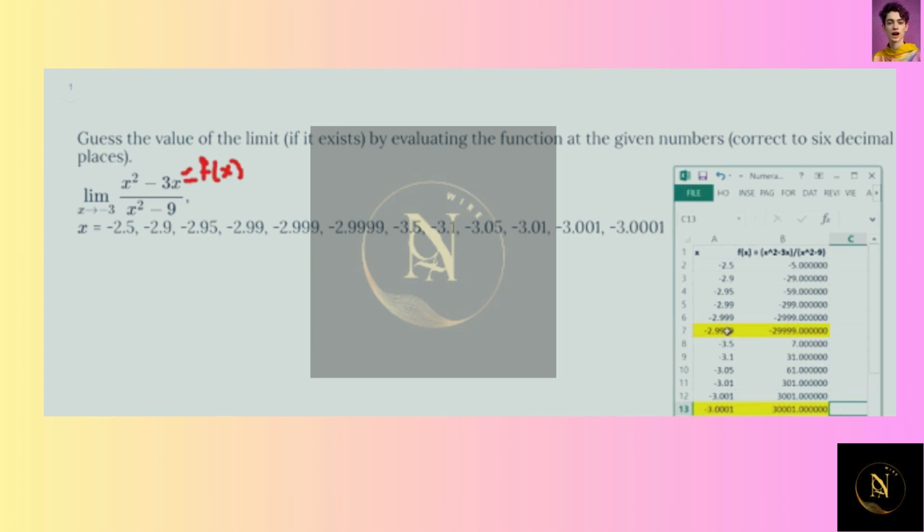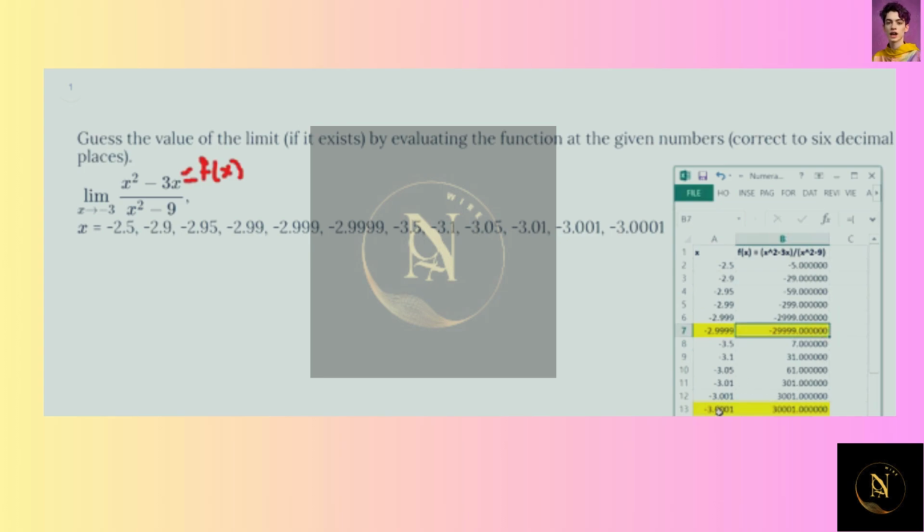And what we do is we compare, because we have now been able to describe the behavior of the function around x equals -3. To the right of -3, the function is evaluated at a very large negative number.